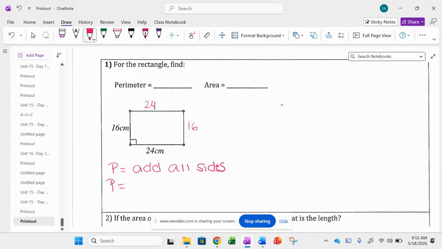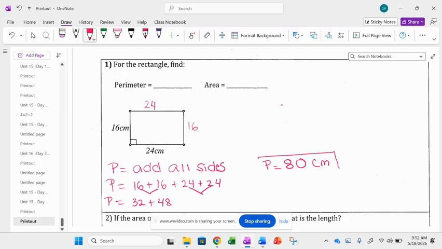So the perimeter is going to be 16 plus 16 plus 24 plus 24. 16 plus 16 is 32. 24 plus 24 is 48. So our perimeter is going to be 32 plus 48, which is going to be 80 centimeters, right?